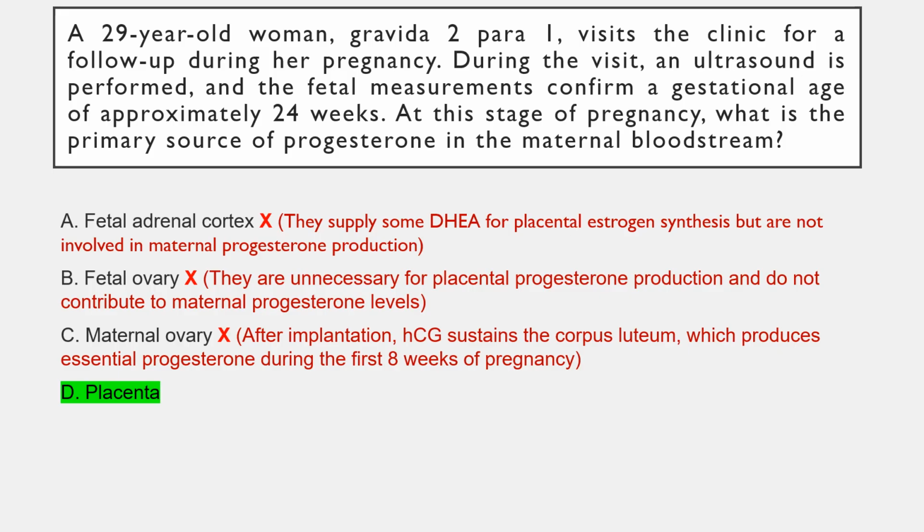And option C is incorrect because in the early stages of pregnancy, the maternal ovary plays a critical role. The corpus luteum, sustained by the human chorionic gonadotropin, secretes progesterone to maintain the pregnancy. However, this function is temporary, and after 8 to 9 weeks of gestation, the placenta takes over the progesterone production.